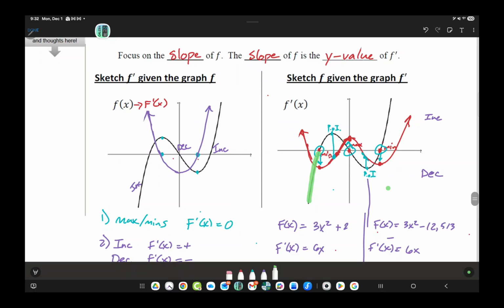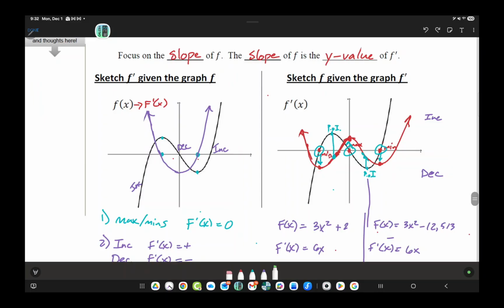That highlighted little green section is where f prime of x is below the x-axis, which means your original function should be decreasing up to that point. And it does that. As long as you get your local max and local mins correct, that will automatically occur. So you don't really have to focus too much on that last part. It should just automatically match up if you do the rest of it correctly.